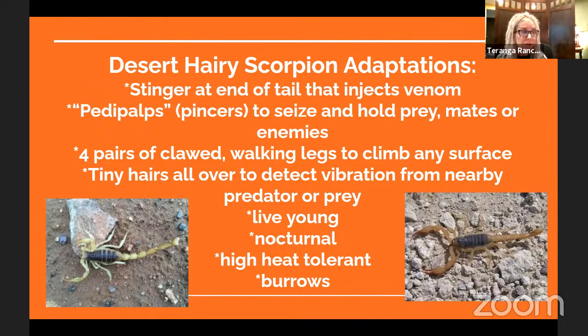They have pedipalps, which are pinchers to seize and hold their prey or their mate or their enemy, right? They have 4 pairs of clawed walking legs, which makes it easier for them to climb on any surface. They have tiny hairs all over to detect vibration from nearby, like whiskers, right? And it could be from a predator or a prey. They know what's going on because of these little hairs.